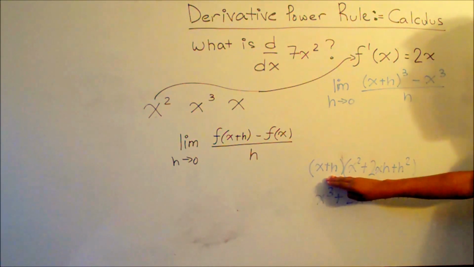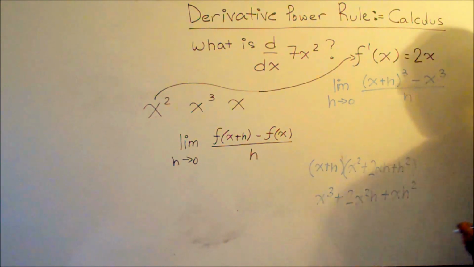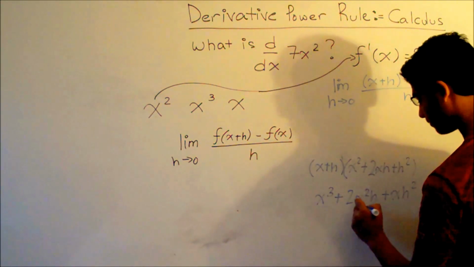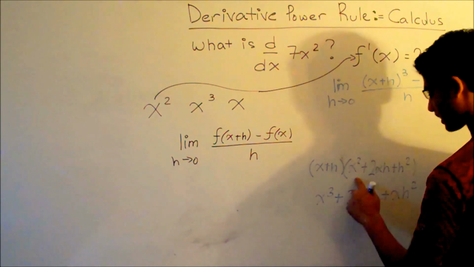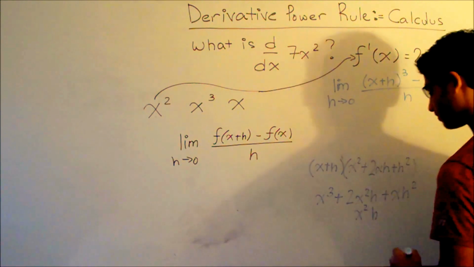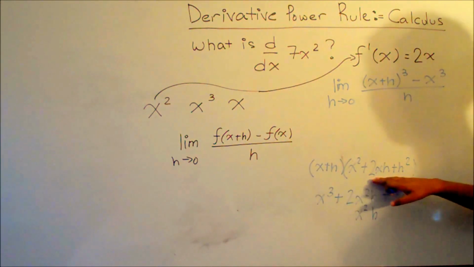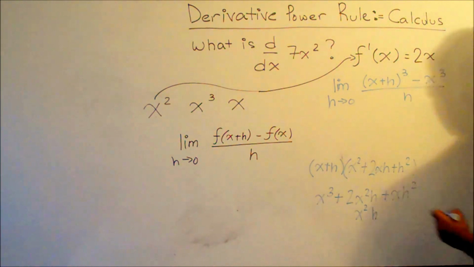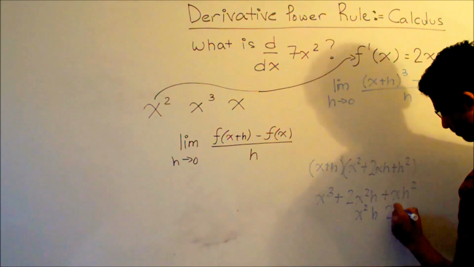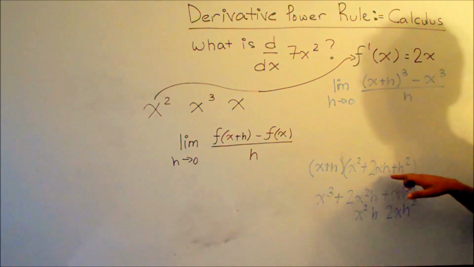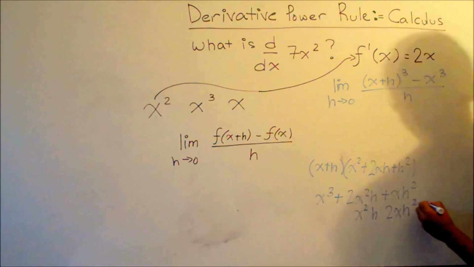Now we have to multiply everything by h, so we get h times x squared is hx squared, or x squared h, two xh times h is 2xh squared, and then we have h times h squared, which is h cubed.